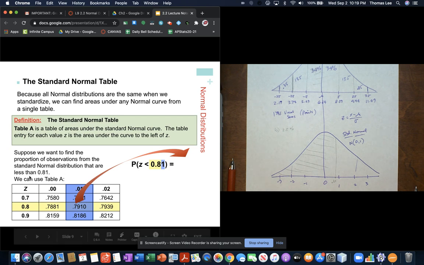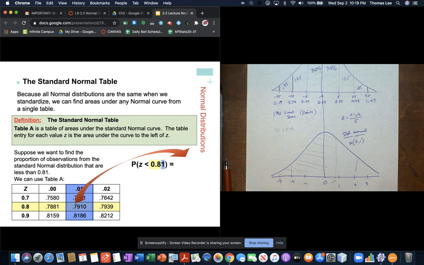So here's an excerpt from Table A right here on the screen. You simply look at the z-score of 0.81, and then 0.7910. So what does that tell you? What that tells you is that 79.1% of the data, or of the area below the curve, lies to the left of 0.81.